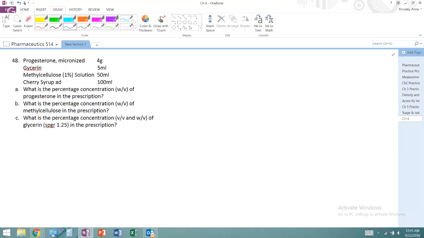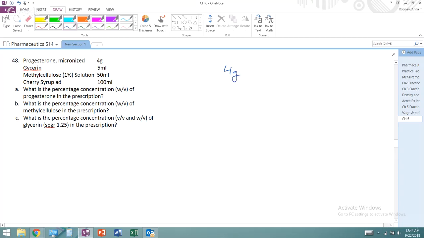So this is the same thing, except it is done in A, B, and C instead of just finding it all. What is the percentage concentration of progesterone in the solution? Our solution total is going to be 100 milliliters.